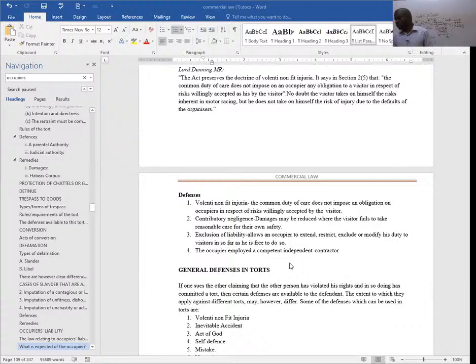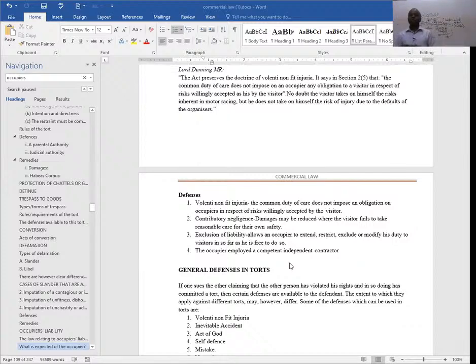And in case he accuses this supermarket of occupier's liability, how can the supermarket defend itself in a court of law? So number one, they can plead a defense known as volenti non fit injuria. In Latin, it simply means that this customer voluntarily accepted the risk. What we mean by that is, even after the supermarket clearly indicated that the floors are very slippery, and signs were put everywhere, this customer still walked into the supermarket.